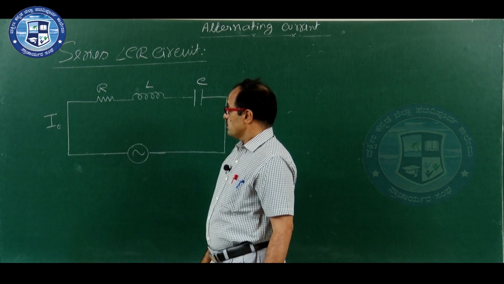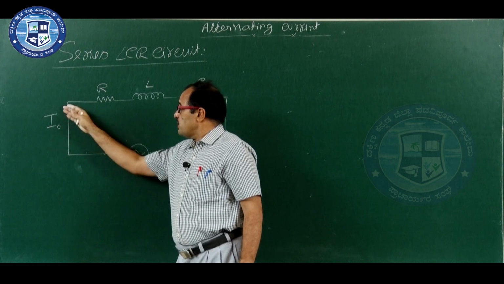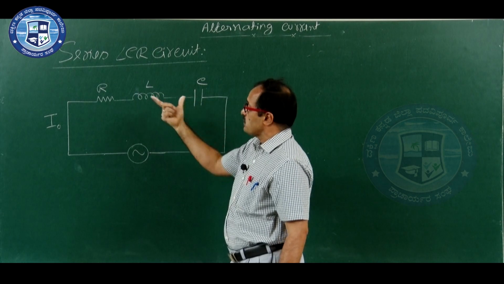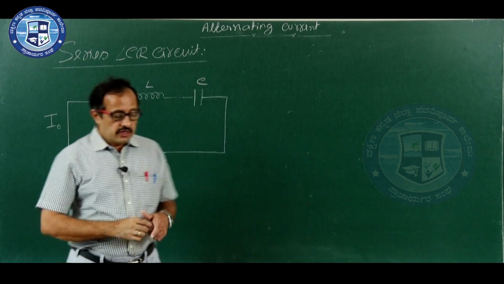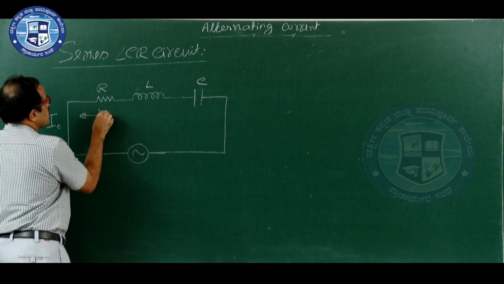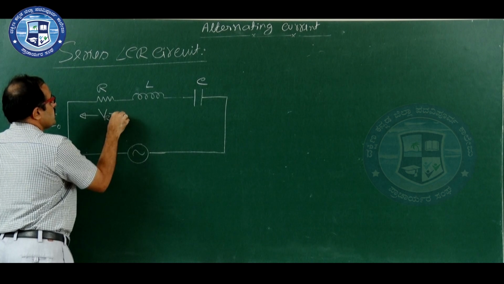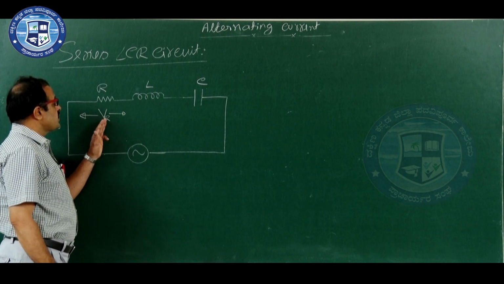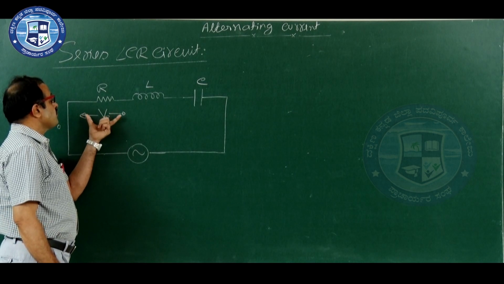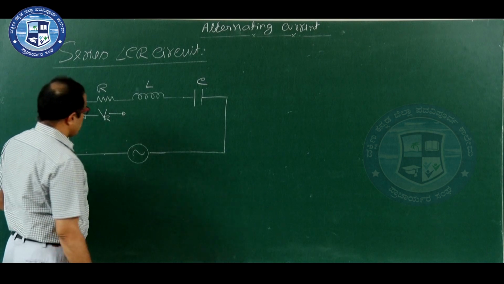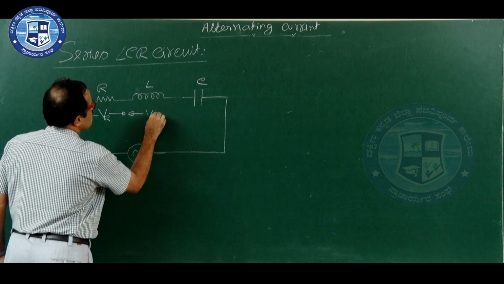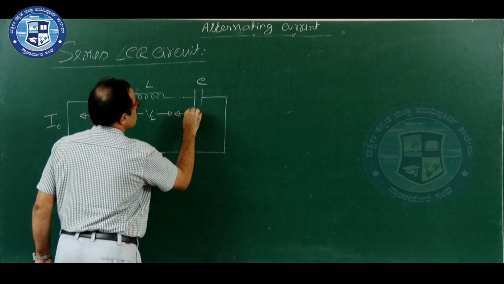Whenever this current flows through the circuit, we have got potential differences across the three components. Let us say VR is the voltage across resistor, but which voltage? It is the peak voltage across the resistor. It is not RMS value. It is the peak value of the voltage corresponding to peak current. Let it be VR, and here it is VL, and here it is VC.